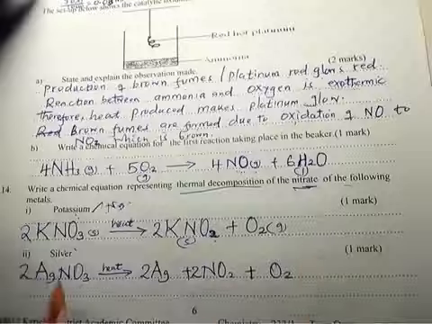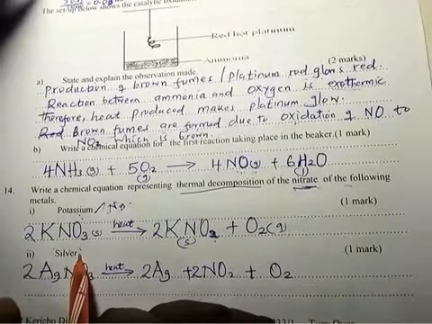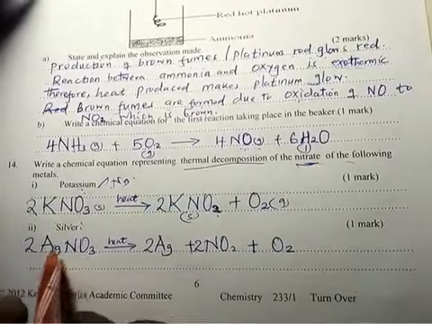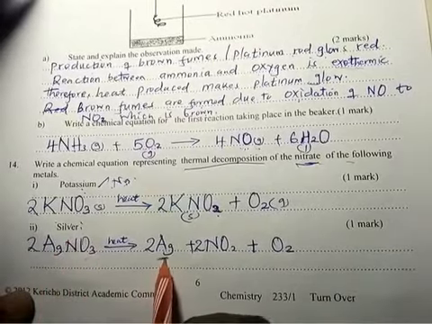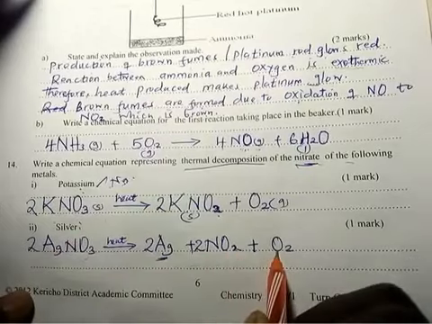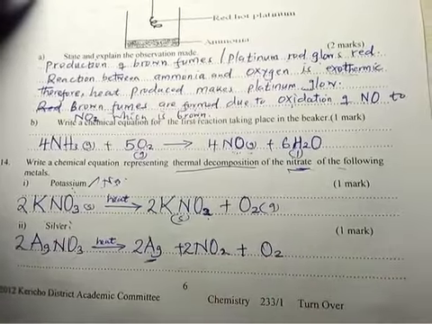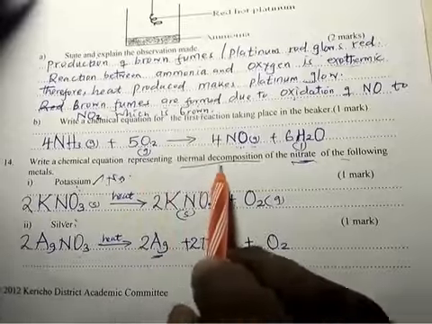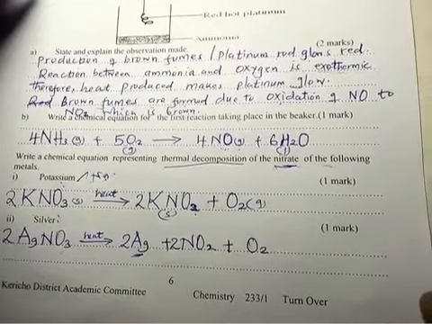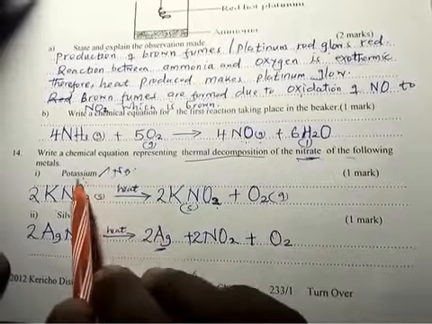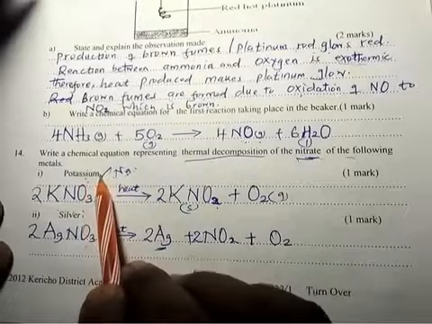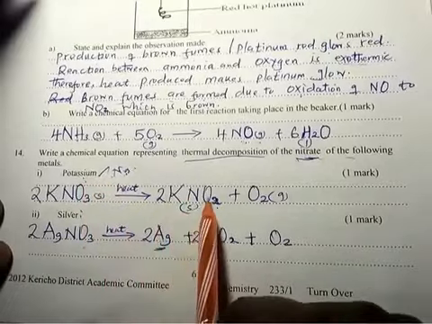But silver and mercury will also behave differently. Silver will give you silver metal, nitrogen(IV) oxide and oxygen. So it is important for you to note those differences when nitrates are being heated. In summary, the nitrates of the most reactive metals, sodium and potassium, produce the nitrites plus oxygen.